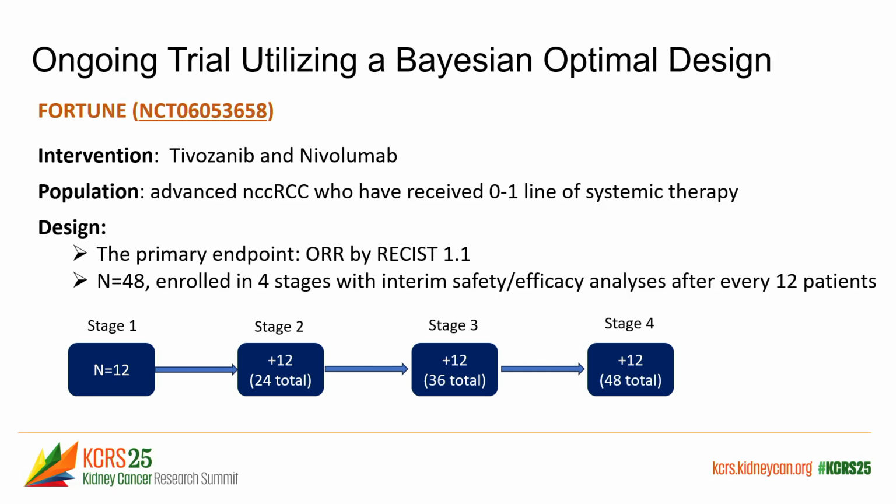Regarding study design, the primary outcome is objective response rate. The total accrual is 48 patients. Patients will be enrolled in 4 stages with interim analysis for efficacy and safety after every 12 patients. So this design offers flexibility in terms of interim analysis timing and could potentially reduce sample size.